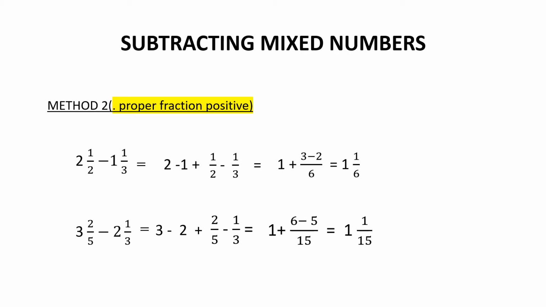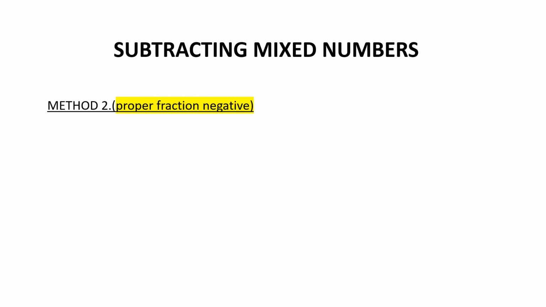We're moving on. Now we are going to look at the case, still grouping them by whole numbers and proper fraction, but in this case when we subtract, the fraction will be negative. Let us look at what takes place. We'd have to take away 1 from 2, and we take away a half from 1/3.